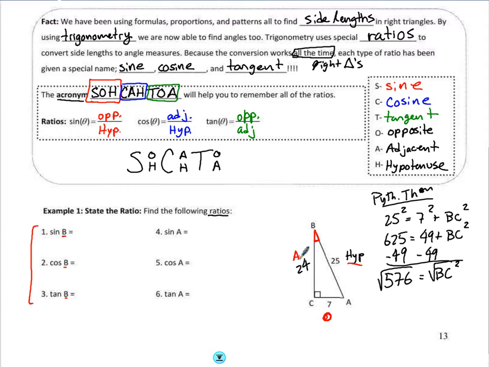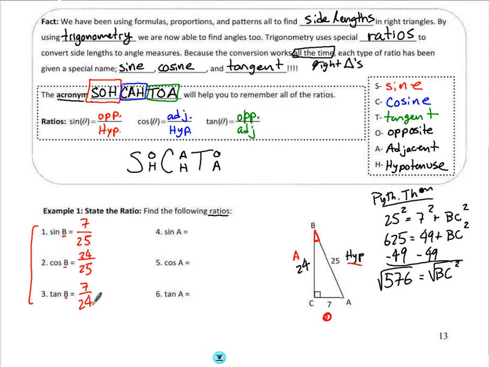Once I know my sides, I set up my ratios. Sine is opposite over hypotenuse, so 7 divided by the hypotenuse 25. Cosine is adjacent over hypotenuse, so 24 divided by 25. And tangent is opposite over adjacent, so 7 divided by 24.